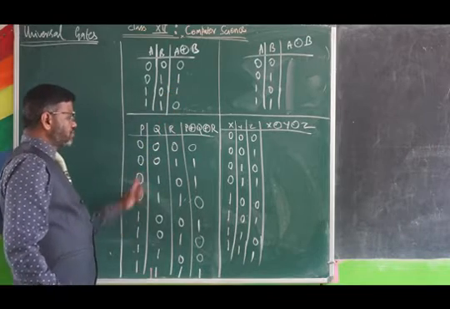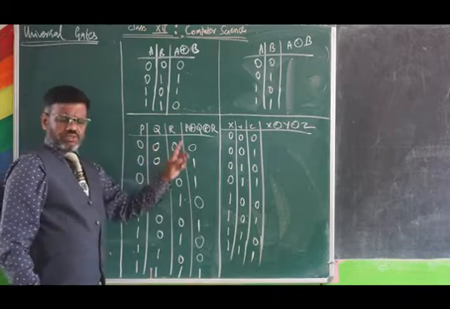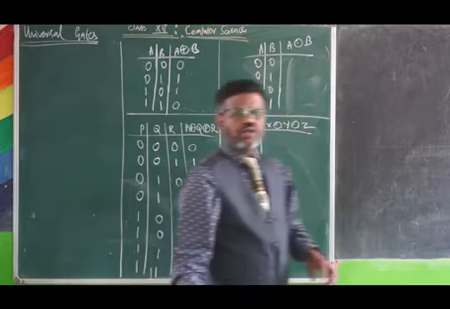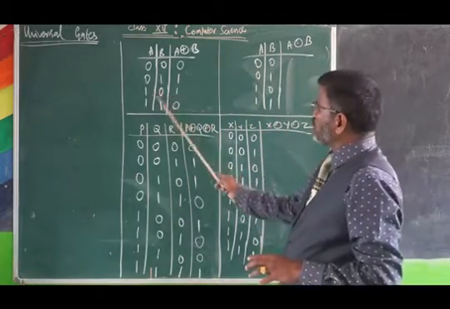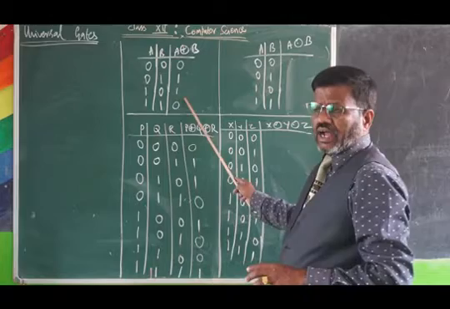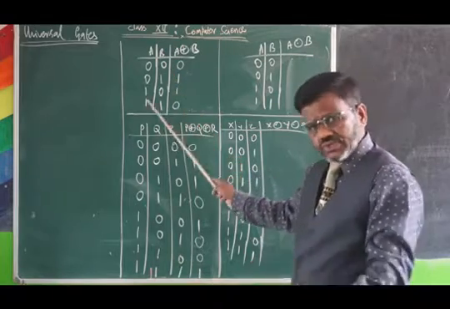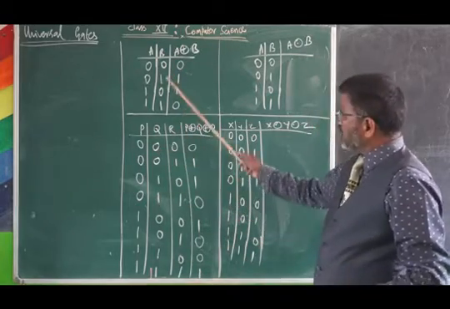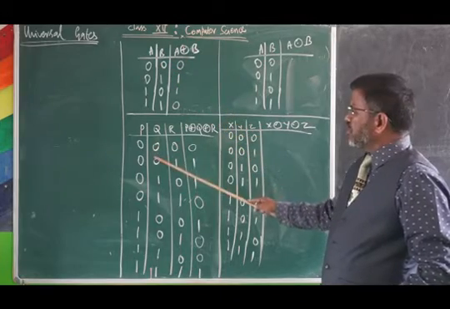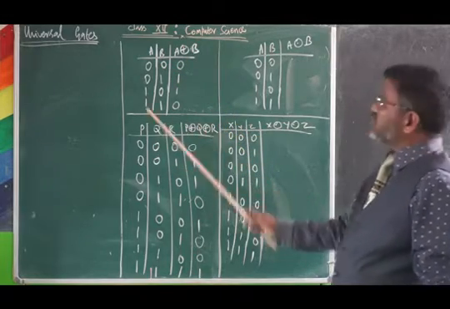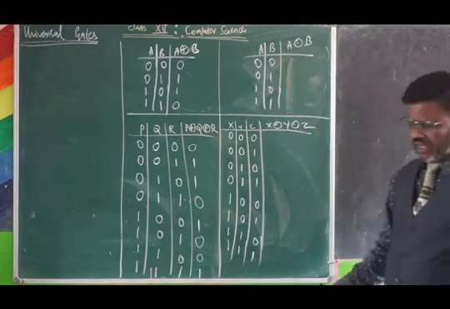Here is a second example, XOR gate with 3 variables. The main point to be understood here is, if there is an odd number of ones, the output is 1, otherwise the output is 0. In this case, we have seen the two variable truth table of XOR gate and the 3 variable truth table of XOR gate. Now we shall move to the XNOR gate.